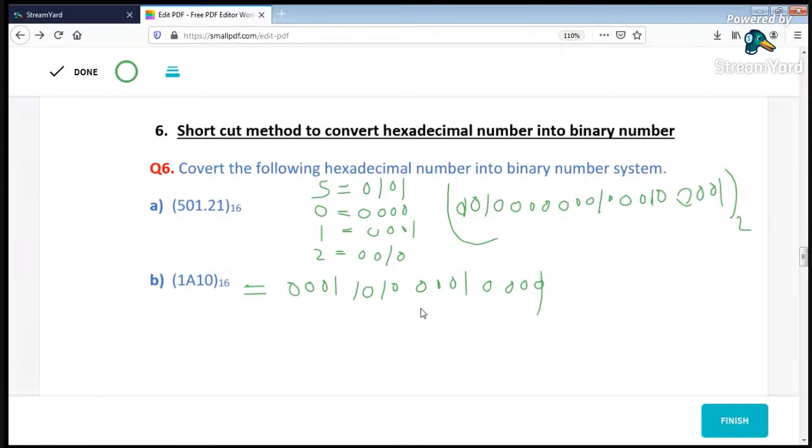So this is the binary answer. From the final answer, you can remove the extra 0s. So the final answer will be 1110100001100000.